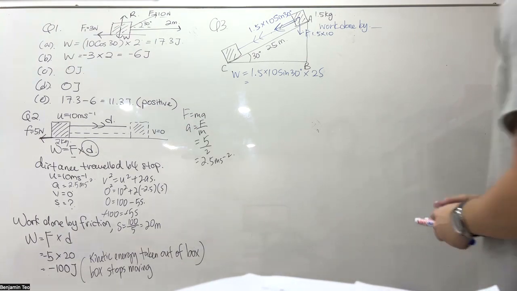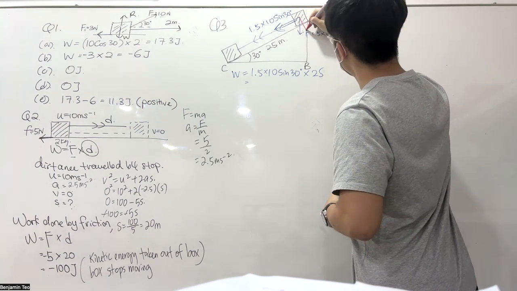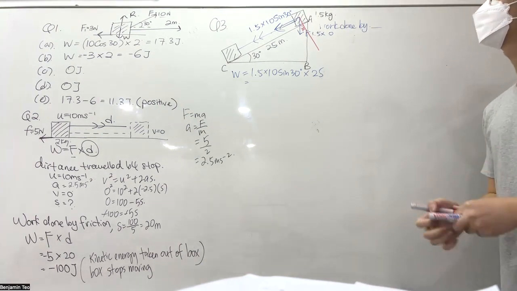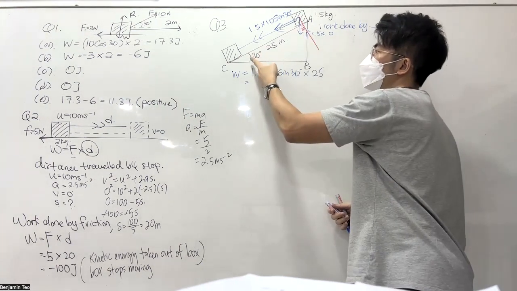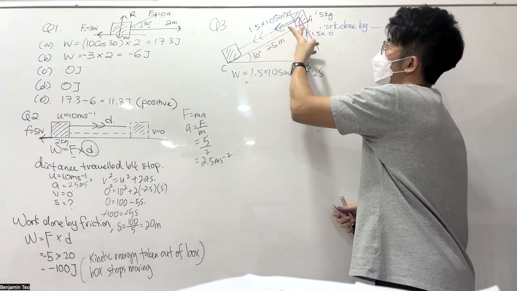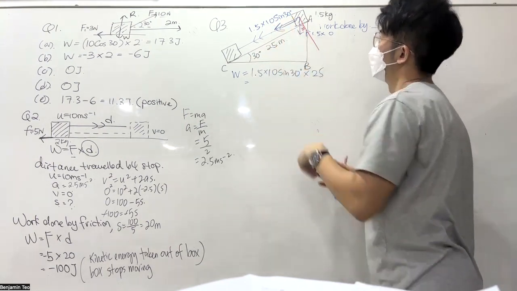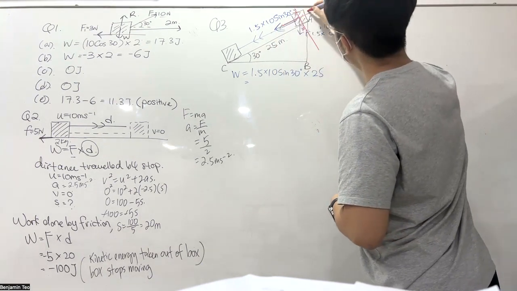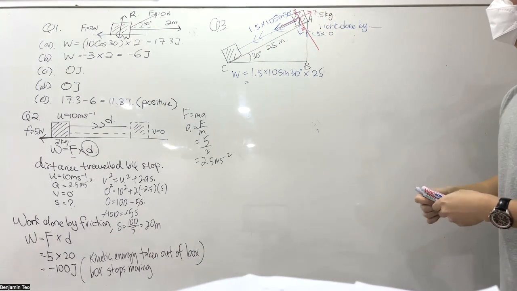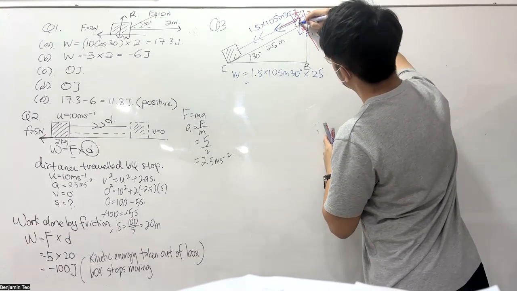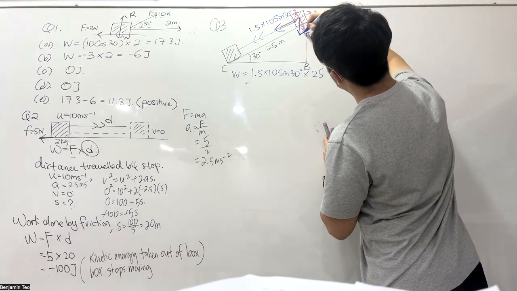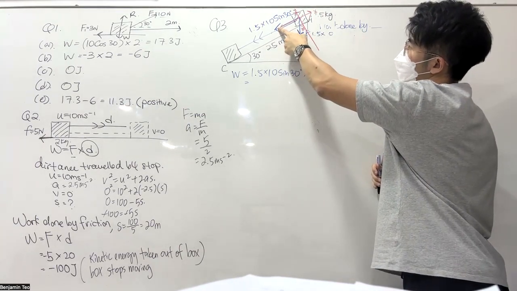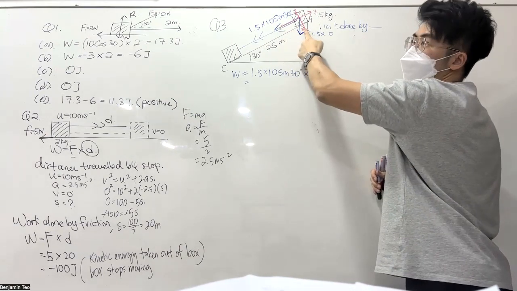Here the angle is 30. The angle here is the same as this side. Think of this as your y axis and this as your x axis. Okay, now I resolve this one to the x-axis. I'm moving away from the angle.